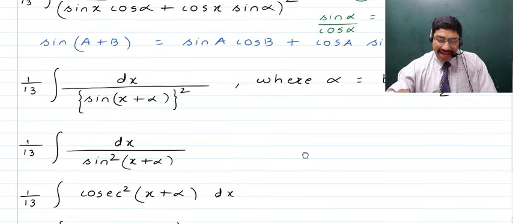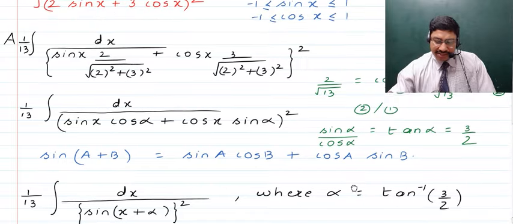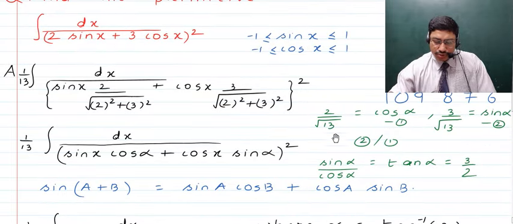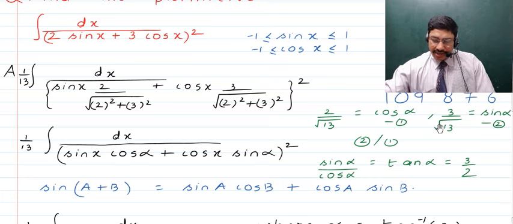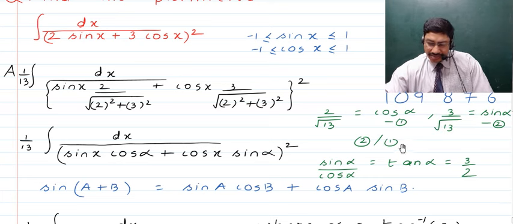Now what is alpha? We've considered 2 upon root 13 to be cos alpha, and 3 upon root 13 to be sine alpha. If we divide the second equation by the first equation, we will get tan alpha equal to 3 upon 2, and thus alpha can be written as tan inverse of 3 upon 2.